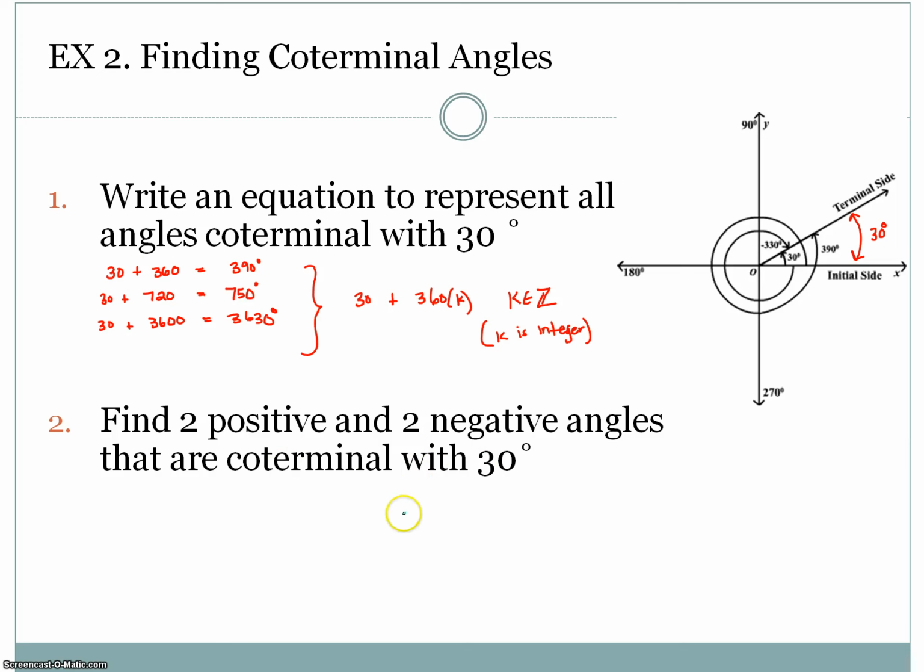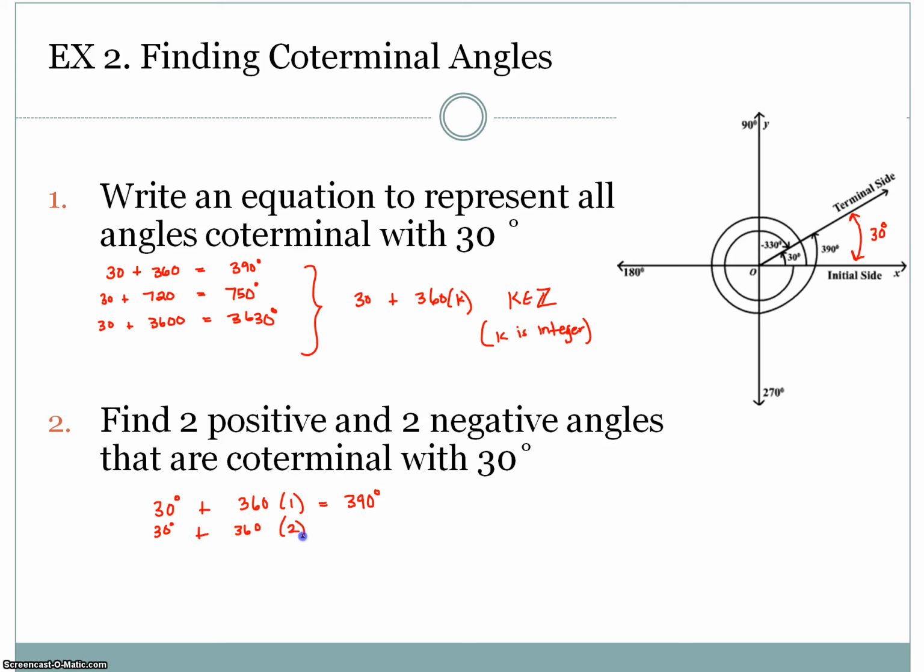So if we want positive angles, well, that's not that hard to do. So positive angles are just going to be 30 degrees plus multiples of 360. So I could do one multiple of 360 or two multiples of 360.